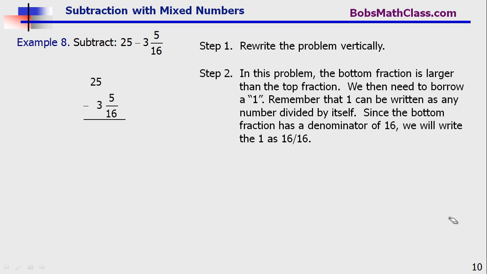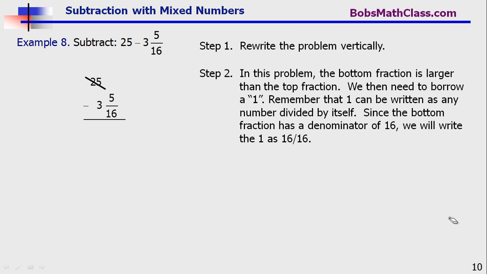And you can write that 1 as any fraction over itself. You could put an 8 over 8 where that top fraction is. But because the bottom fraction has a denominator of 16, we don't want to use 8 over 8 because then you have to get a common denominator. We want to use the same denominator. So we'll write that 1 as 16 over 16.